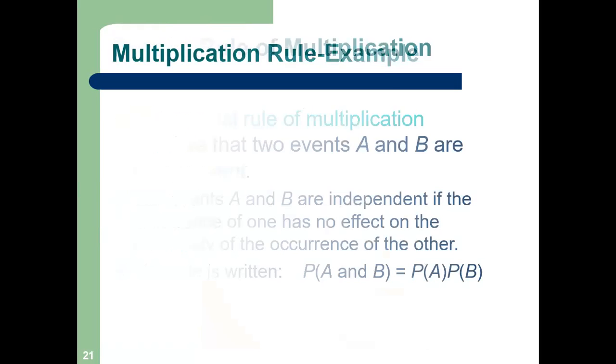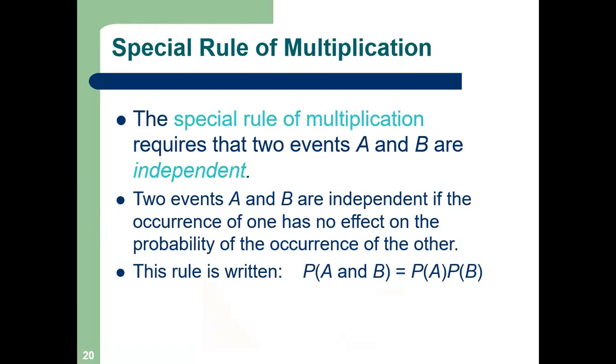Now we move to the rule of multiplication. There is a special rule of multiplication, and there are some prerequisites to apply that rule. The rule can be applied when two or more events are independent. They are not depending on each other.